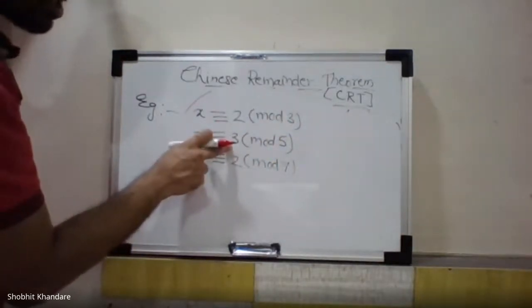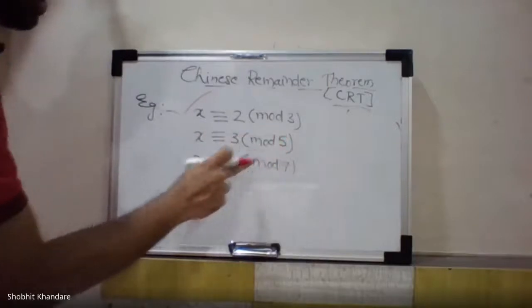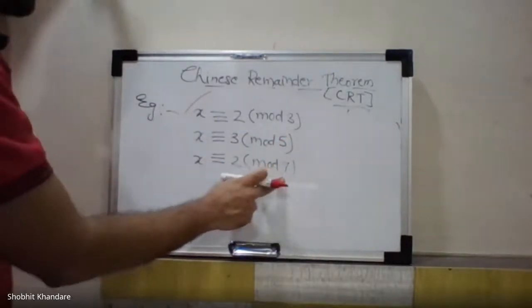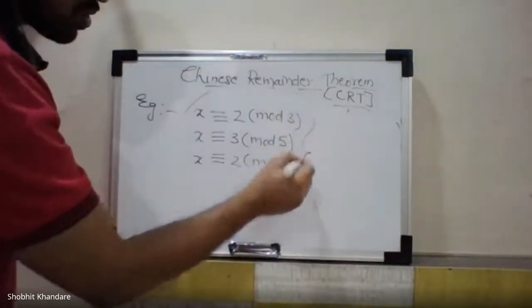When you divide X by 5, the remainder should be 3. When you divide X by 7, the remainder should be 2. Okay, so I am writing it down here. You can also write it down.